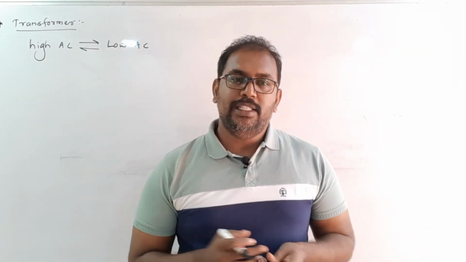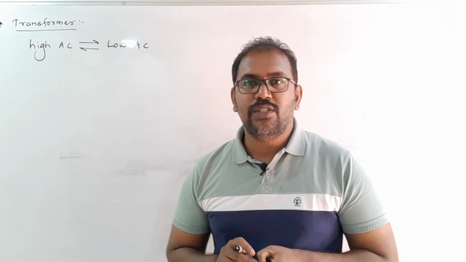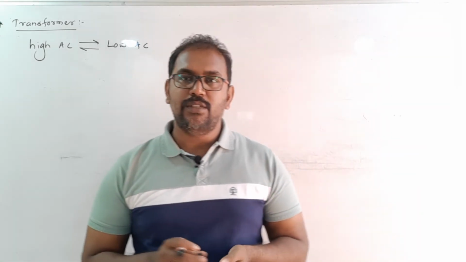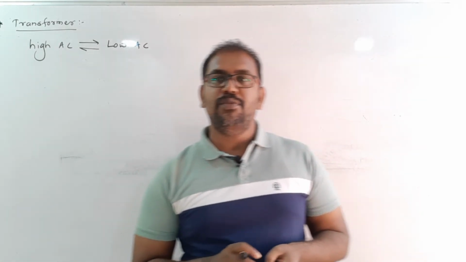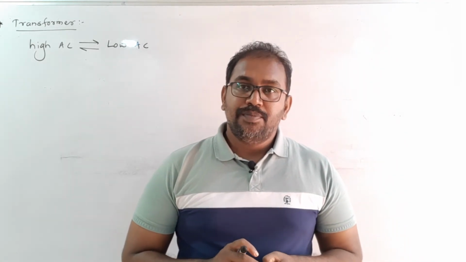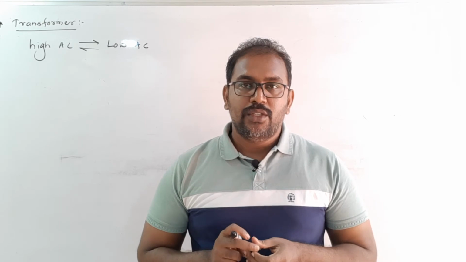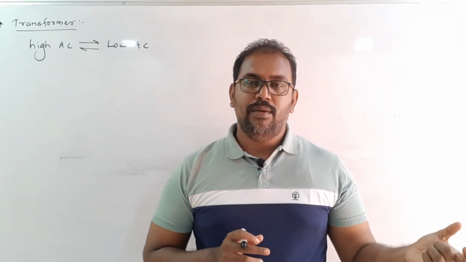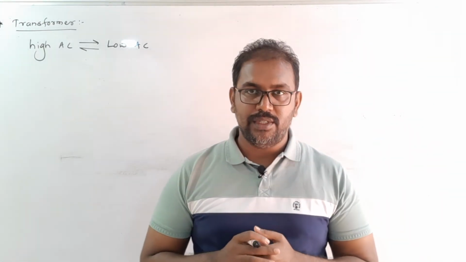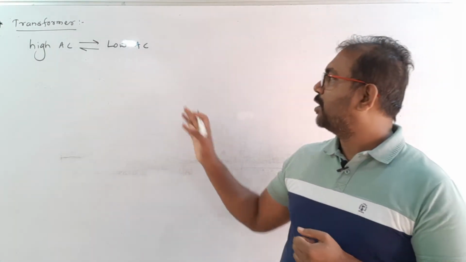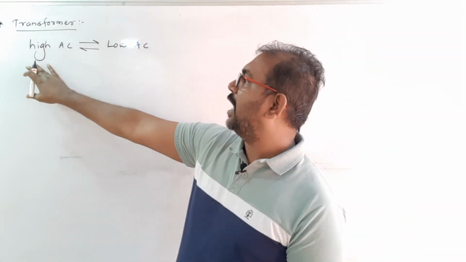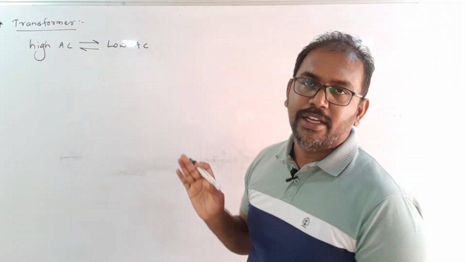For example, a mobile charger. Basically, we require 6 volt to charge a mobile battery, 6 volt or 7 volt as per the specification of the phone. Now here, we are getting 230 volt from the MCB. So that 230 volt we have to decrease to 6 volt. For that purpose we require a transformer, which converts high alternating current to low alternating current.